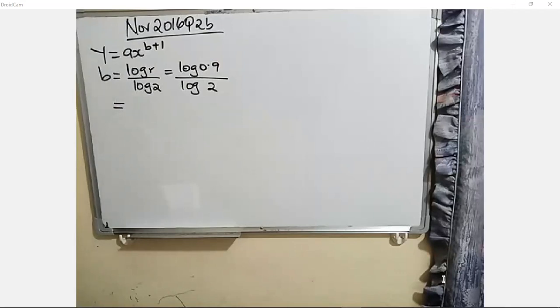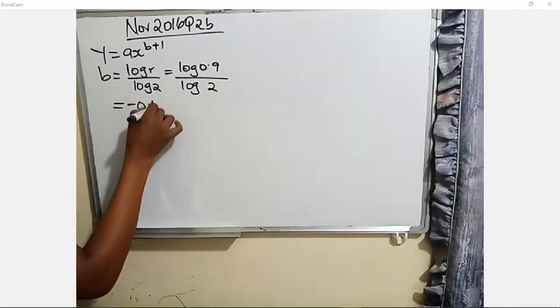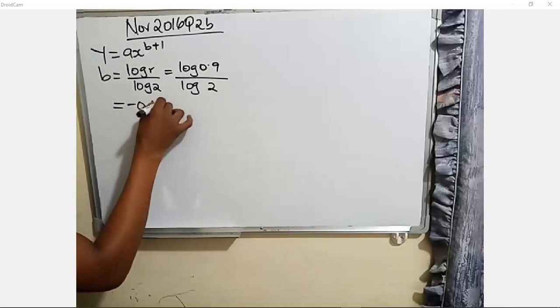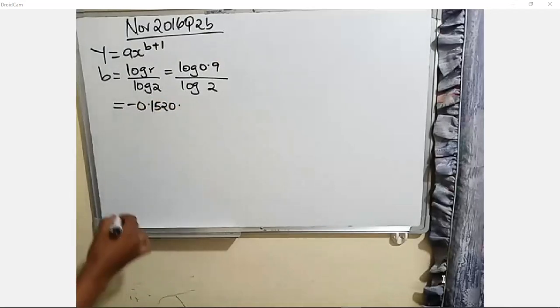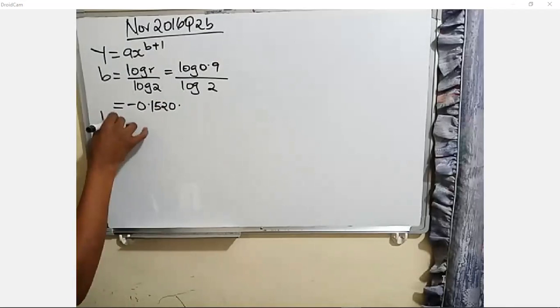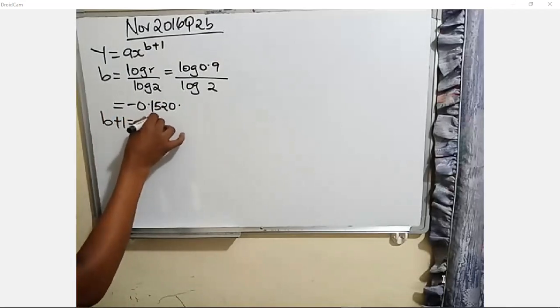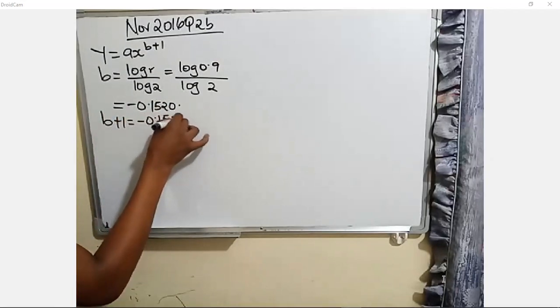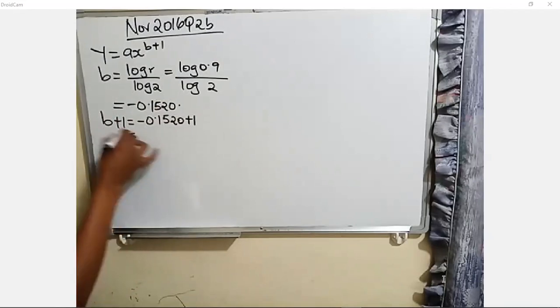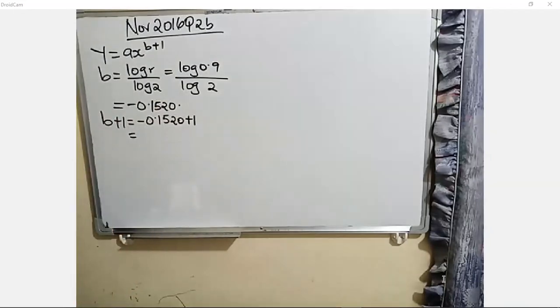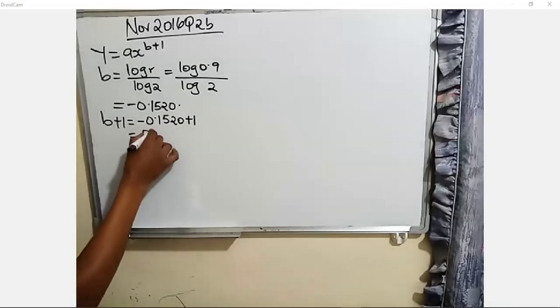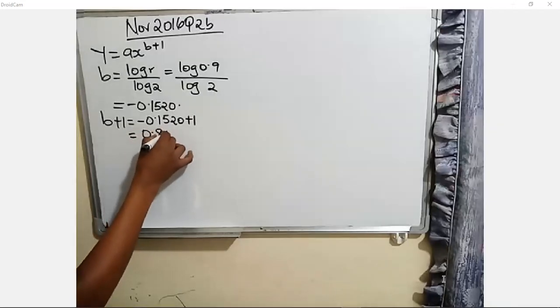How much is this? Negative 0.152. So our b plus 1 should be negative 0.152 plus 1. How much is this? 0.848.